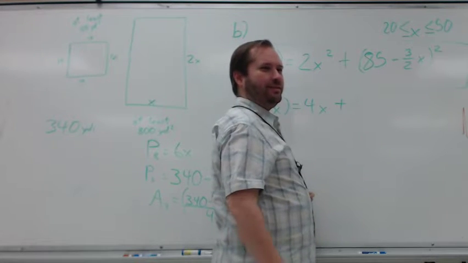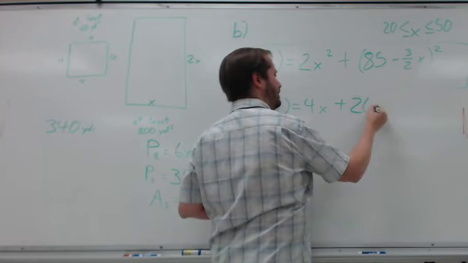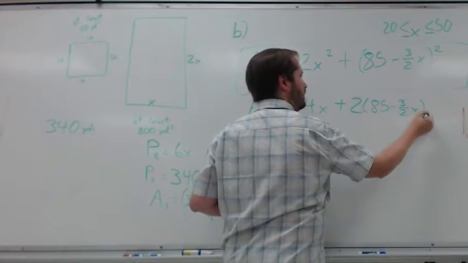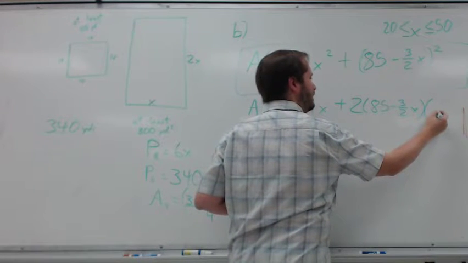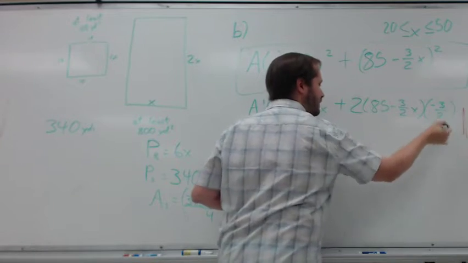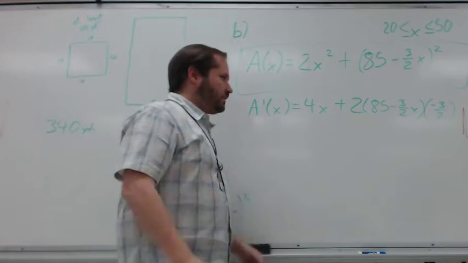Right? What is it? Chain rule? Oh yeah, it's a chain rule. Okay. 2 times 85 minus 3 halves x, times negative 3 halves. Everyone good with chain rule when it magically appears in a problem like that?